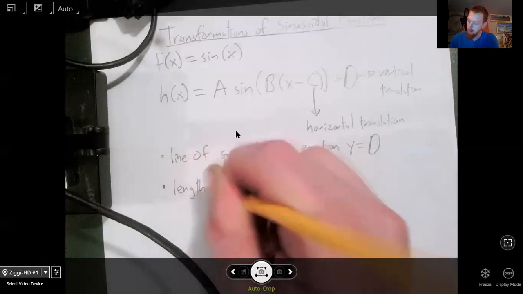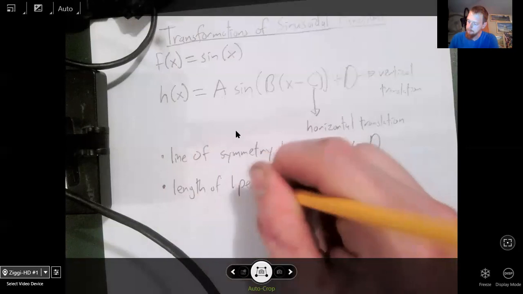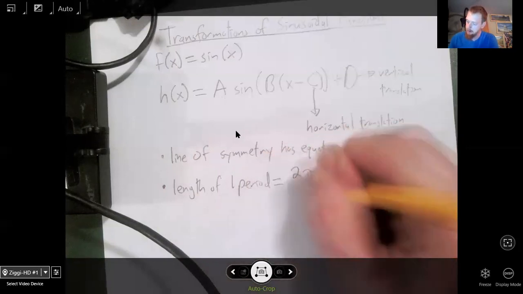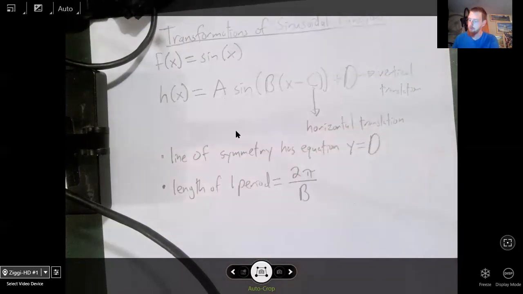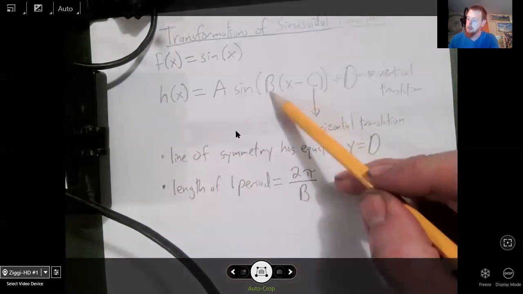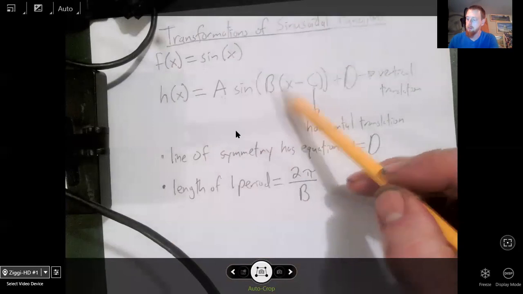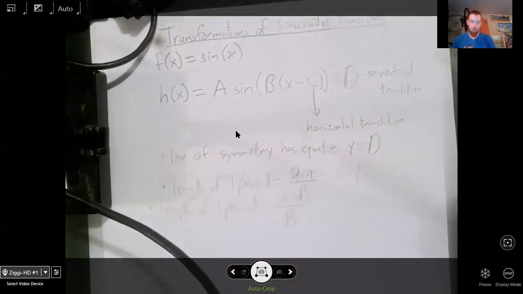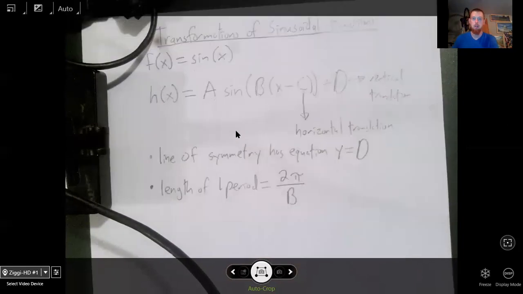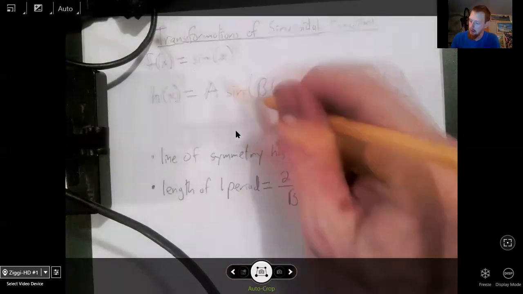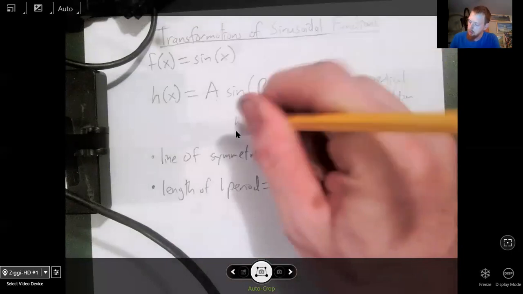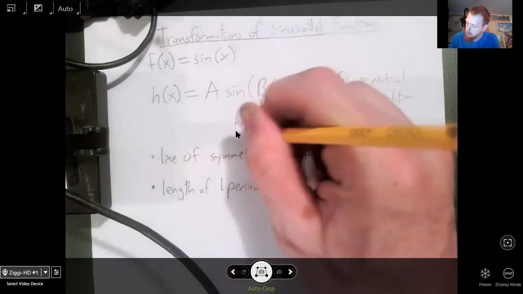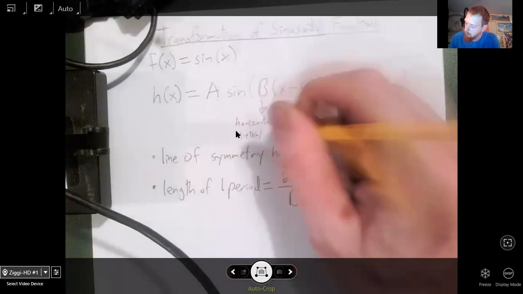The length of one period equals 2 pi divided by that number that we put inside the sine argument, but outside the parentheses where it tells us the horizontal translation. All right, so I guess this would be a horizontal stretch or compression.